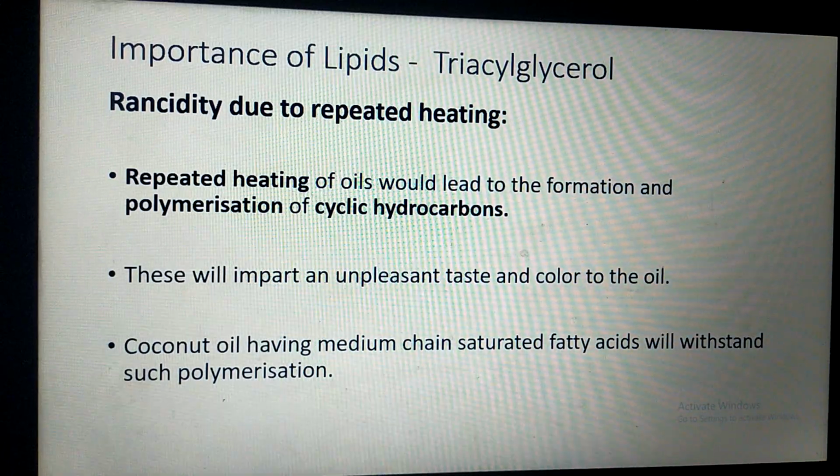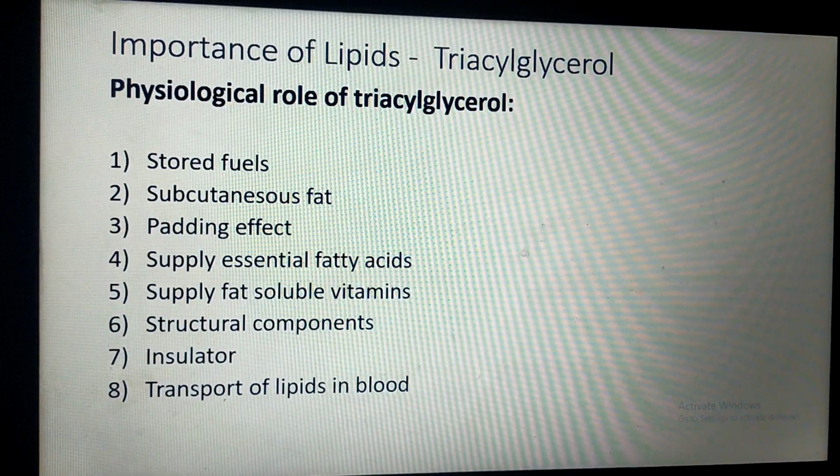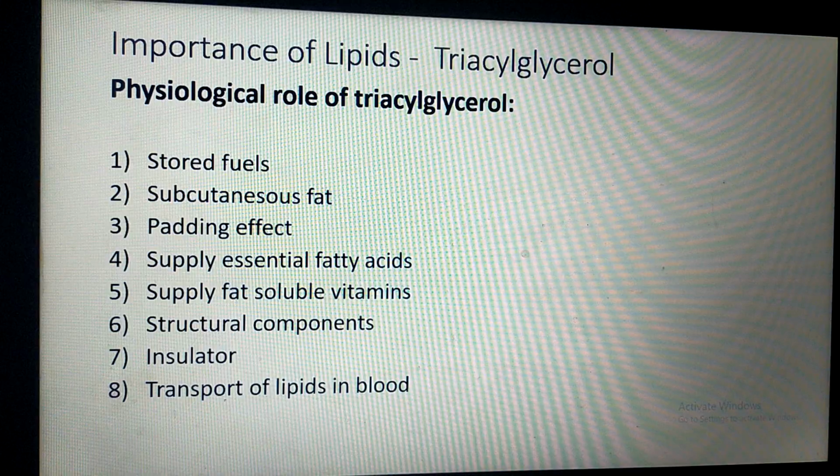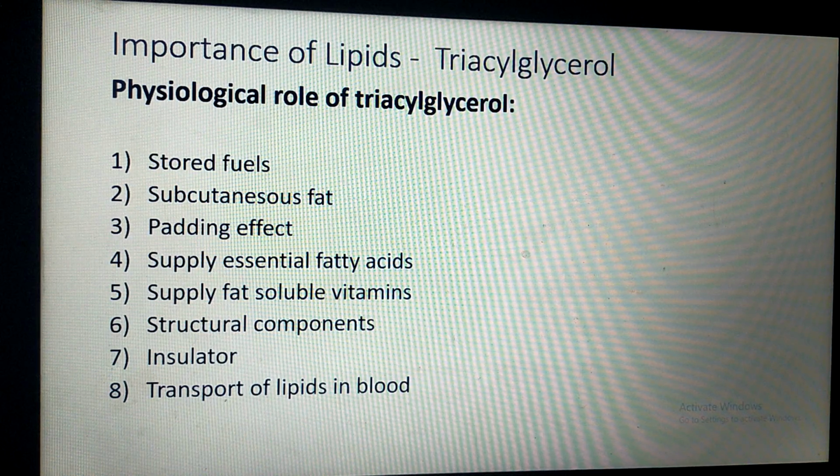Physiological role of triacylglycerol. They are stored fuels. They are stored in our adipose tissue. They are present below the skin as a subcutaneous fat and protects our body from heat and cold. Padding effect means this triacylglycerol present around the internal organs of our body like liver, kidney, and they protect these organs from external injury.